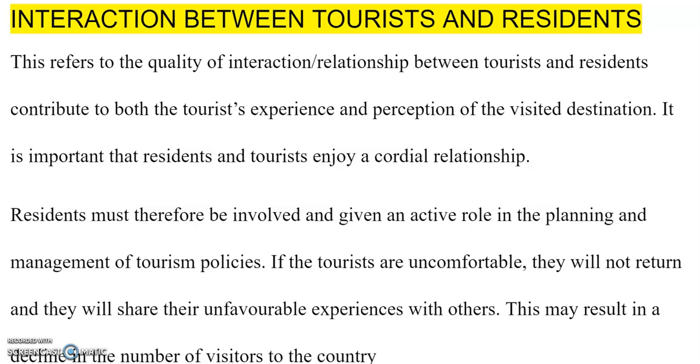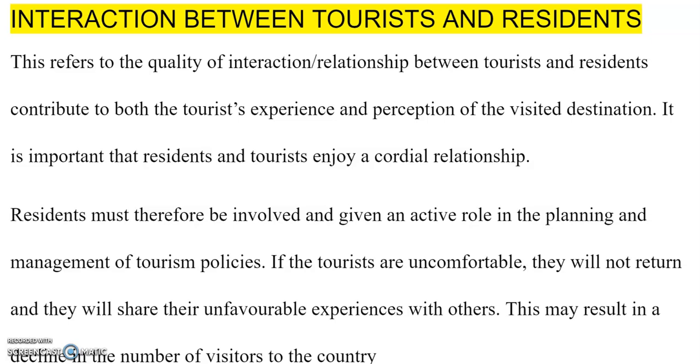So it is important that residents and tourists enjoy a cordial relationship. What does that mean? It means that residents must therefore be involved and given an active role in the planning and management of tourism policies.